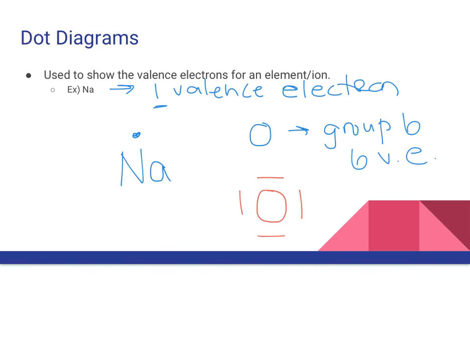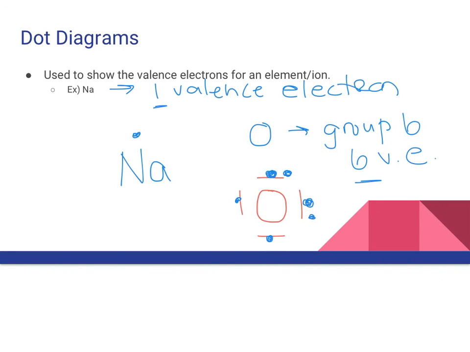There are essentially 4 sides to this element symbol. Each side can hold 2 electrons. In this top part, I can fill 1, and when it comes to dot diagrams, we fill each side with 1 dot first, and then we double up. So here I've placed 4 electrons. Remember, oxygen has 6, so I would double up: 5, 6.